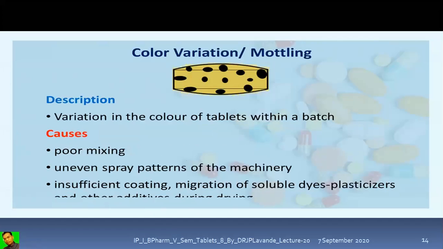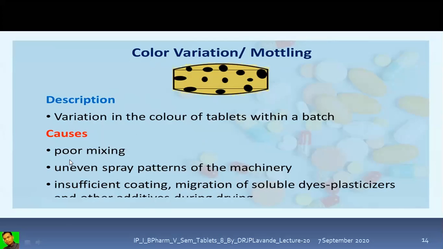The color variation, which is also known as mottling. Mottling is also present among tablet defects, right? Variation in the color of tablets within a batch is said to be color variation or mottling. It is the variation in the color of the tablet, occurring on the tablet surface.